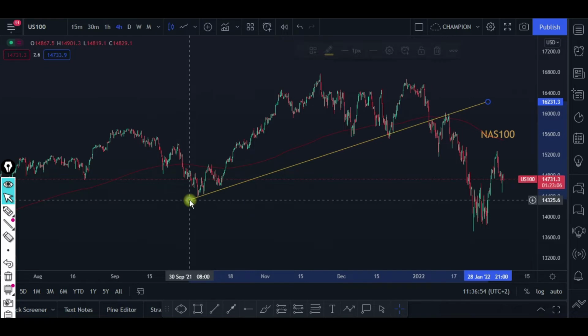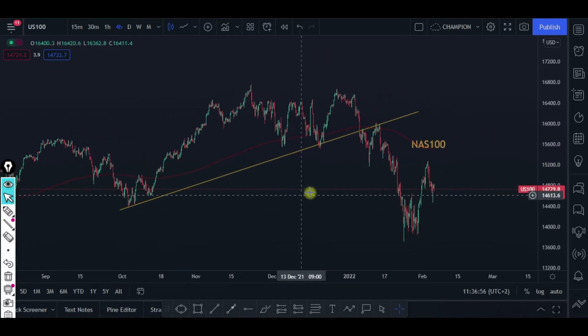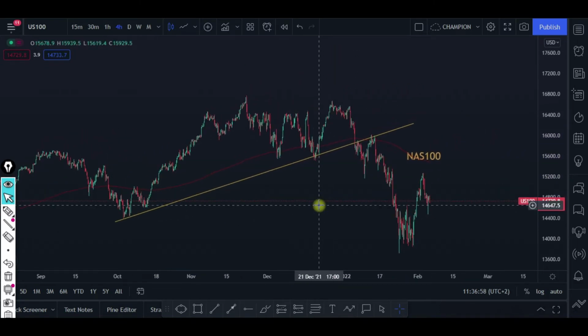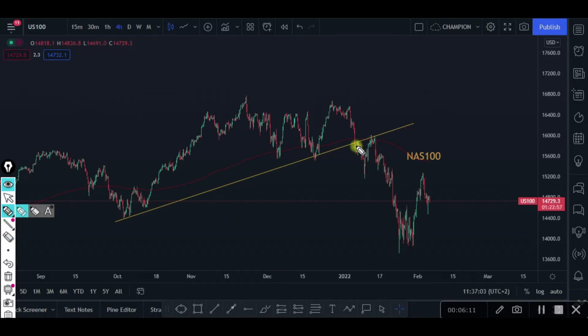The price was on a rising trend, the uptrend. As we can see, the price reached this area. The price used to respect the area, but when it reached this area, it broke out of it and went to retest. That's when we pushed lower.